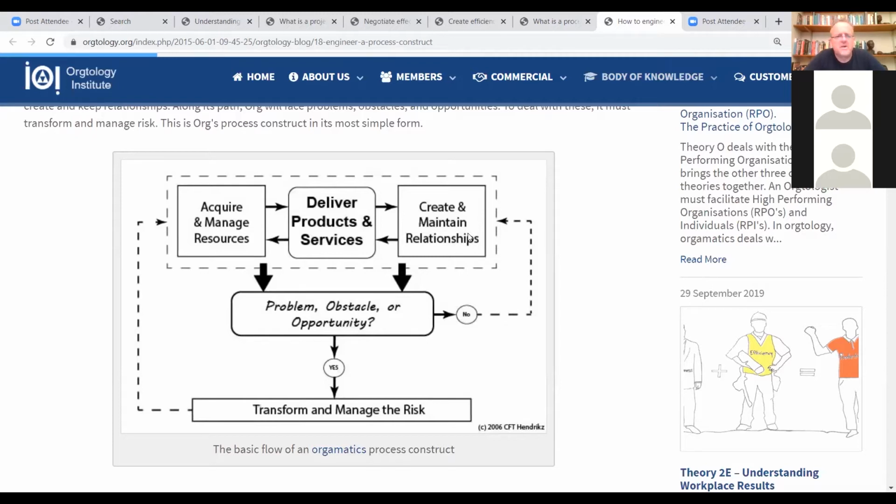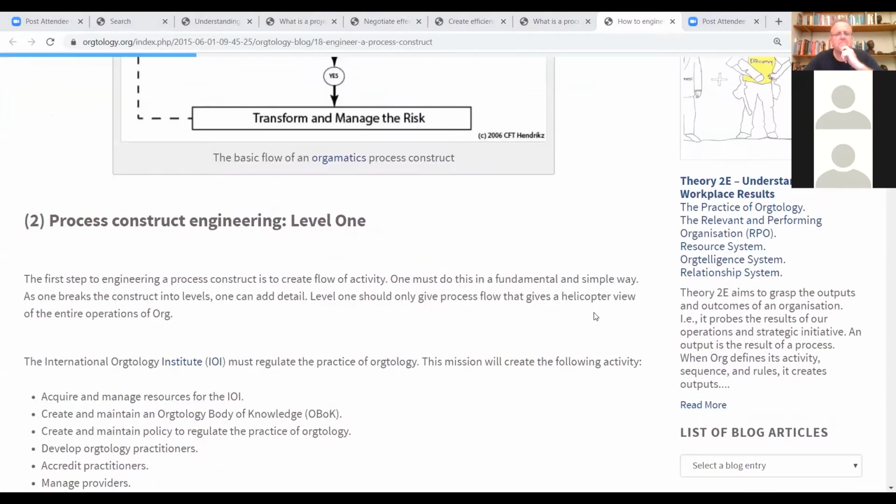So in Orgtology, we're saying that it's not possible to remedy anything if this thing does not enter a process or a project construct. And it would most probably begin with a project construct and then move into the process construct. So the bullet culture in organizations does not go down very well in Orgtology.